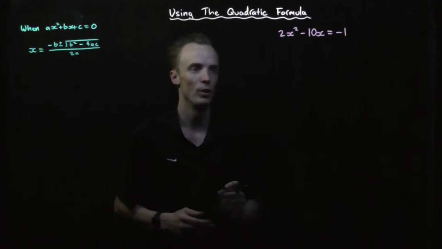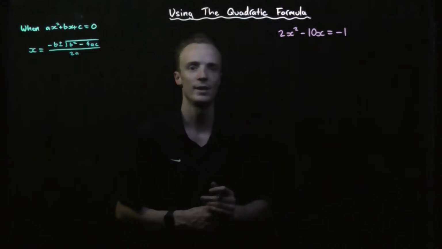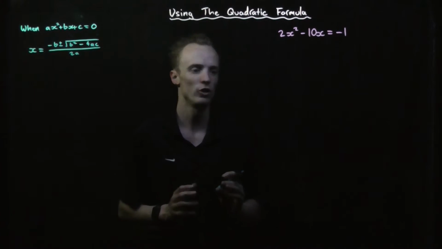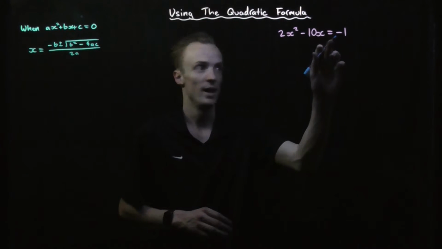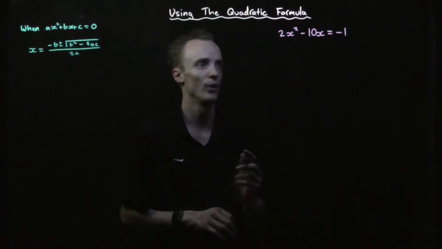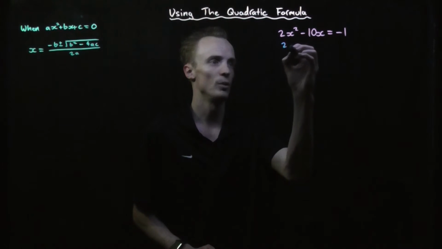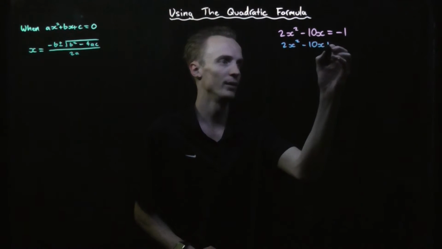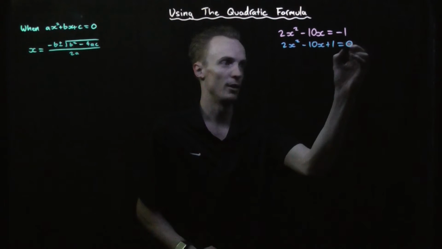Let's consider the quadratic 2x squared minus 10x is equal to negative 1. Our first step is to make sure that we've got it equal to 0. Here it's not equal to 0, so to make it equal to 0 we add 1 to both sides. So this is going to be 2x squared subtract 10x plus 1 is equal to 0.